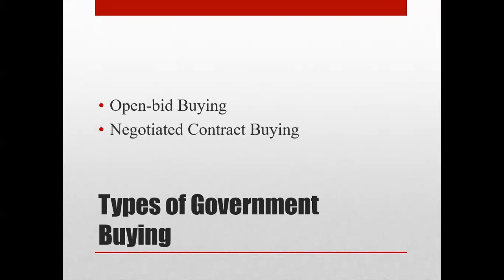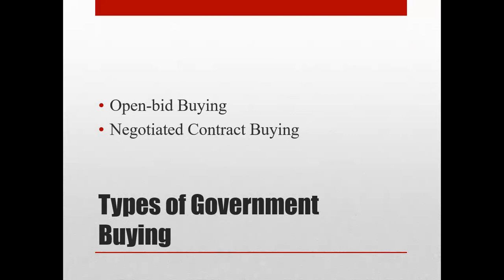It wasn't open to everybody because not everybody could have delivered the job. So they will go and meet them and negotiate, and then they will come to an agreement. A negotiated contract buying happens where there is speciality involved. Not just anybody can do it, so you have to sit down with the person, talk and agree to terms, and then the person does it.